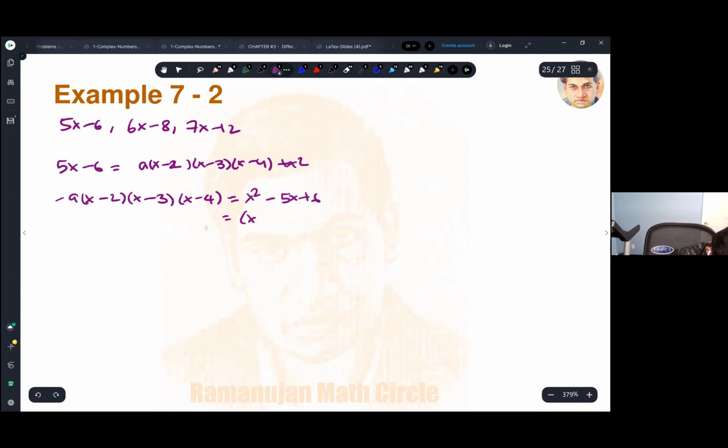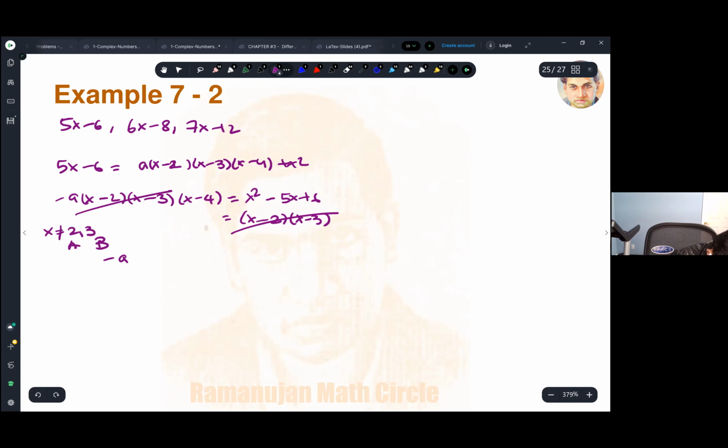And this is equal to x minus 2 times x minus 3. So in this case, we're going to have x not equal to 2 or 3, because those are points A and B, so it's something else. So we can actually cancel these out.